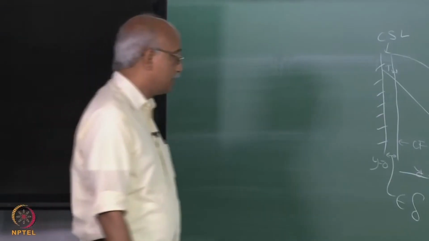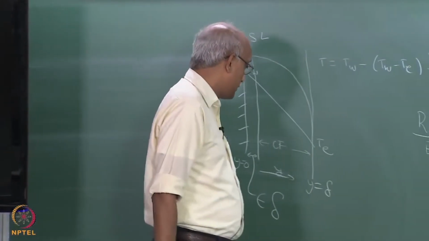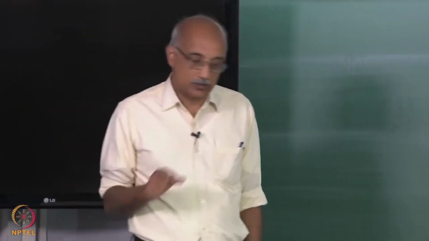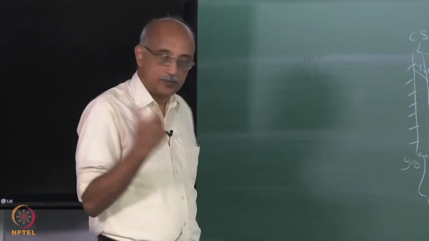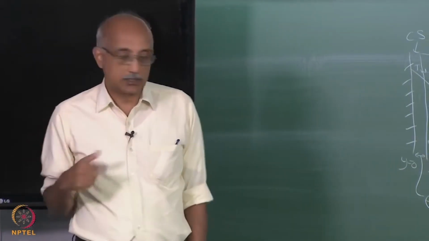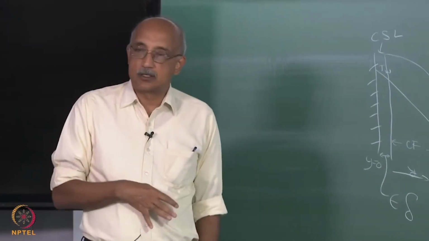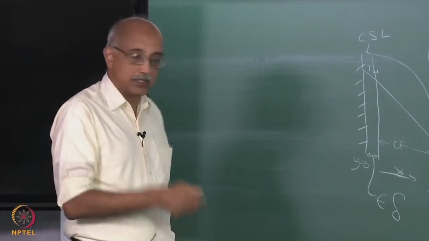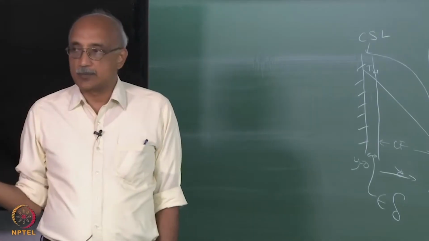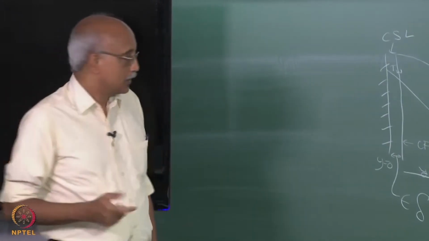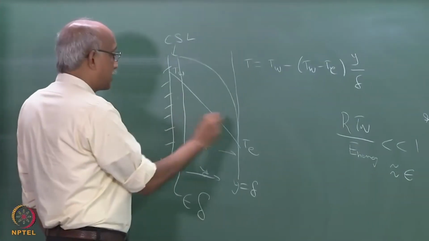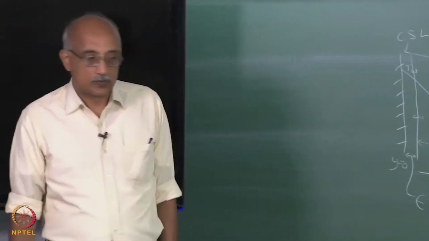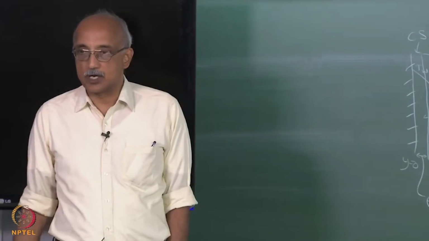So, now you essentially do your transport analysis on the basis of these assumptions, that there is a chemical sublayer present whose thickness is equal to epsilon times the boundary layer thickness, and within that chemical sublayer homogeneous chemical reactions are happening, and outside of that within the rest of the boundary layer there are no chemical reactions happening, and you can assume that it is chemically frozen. So, you essentially solve the problem in two segments and try to match the solution at the interface between the two regions, and you can get a closed form solution for this problem in that sense.